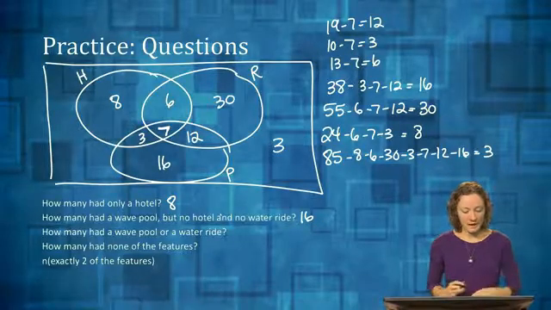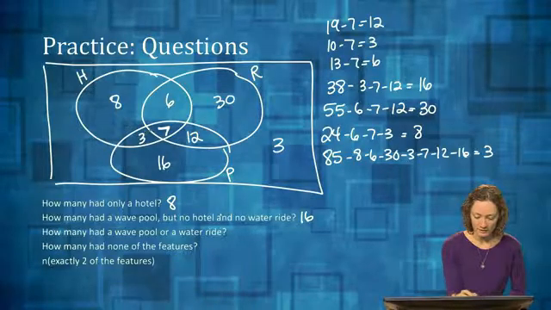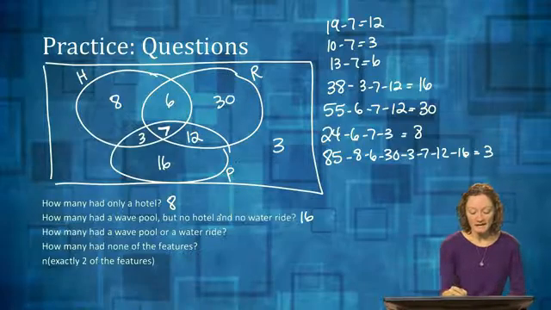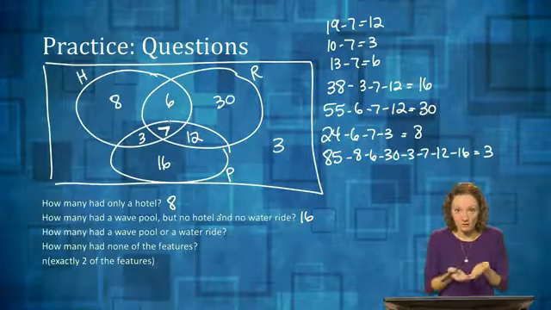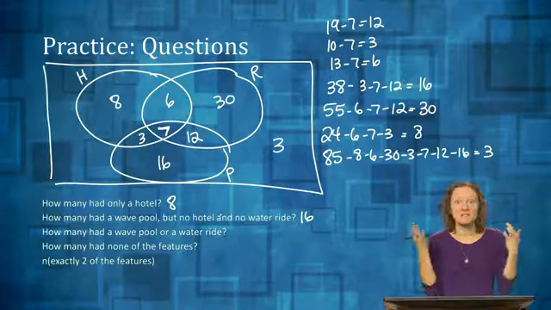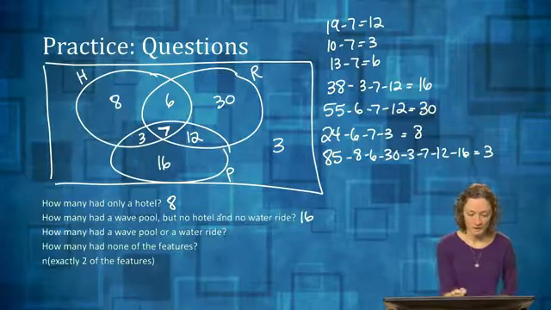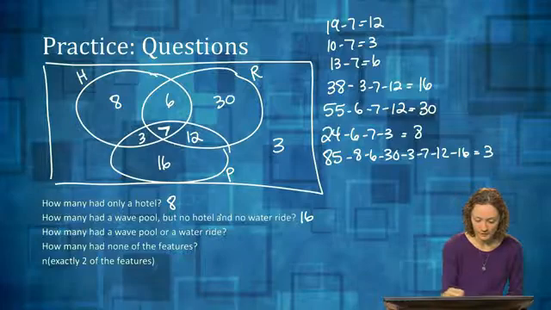The next one, how many had a wave pool or a water ride? Remember, in the world of sets, the word or means this, that, or both of them. You would be happy with a car with heat. You'd be happy with a car with air conditioning. You would definitely take a car that had both of them. So or in our world means everything in both.